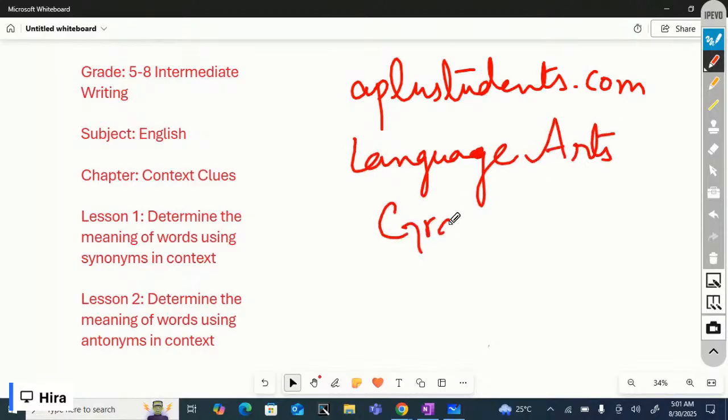Then open grade 6, because it's grade 5 to 8 intermediate writing, so I'm choosing one from grade 6 today. The chapter name is Context Clues. There are two lessons. We will learn what context clues are and how we can determine the meaning of words using synonyms and antonyms in context.